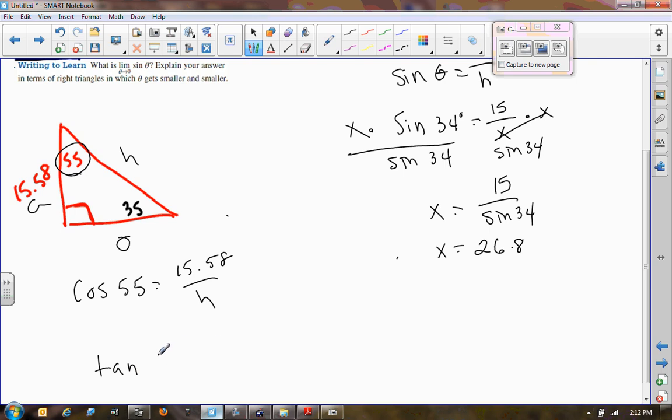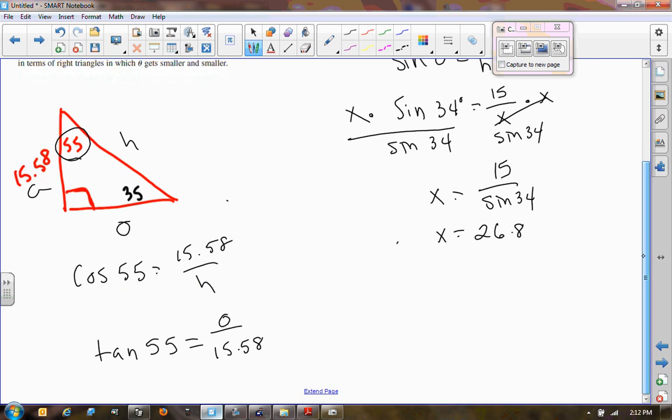Tangent of 55 is O, which I don't know, over A. Throw that in your calculator. 15.58 times that gives you the answer. Remember, for H, you've got to flip-flop. H is going to trade places with the cosine. But it's the same problem.